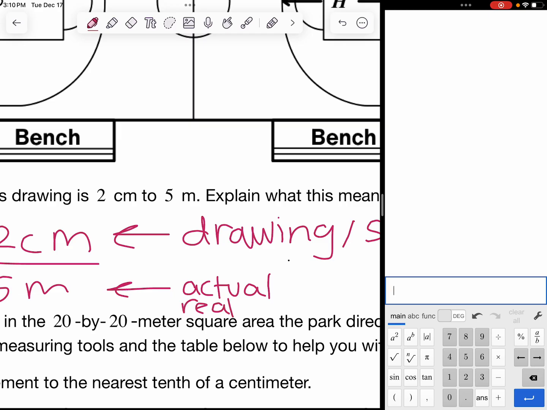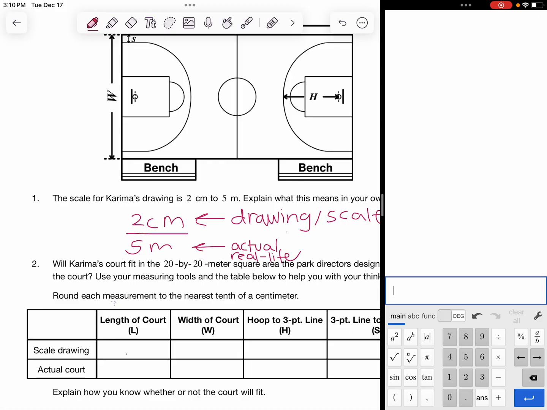So that 2 centimeters is how big it is in the drawing, and the 5 meters is how big it is in real life.